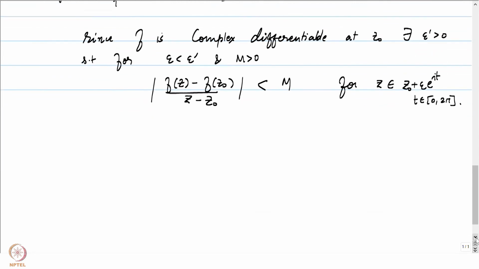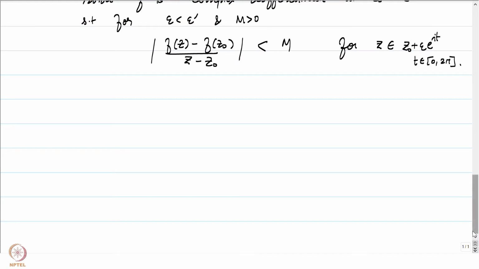And this bound can be used to estimate our integral above.